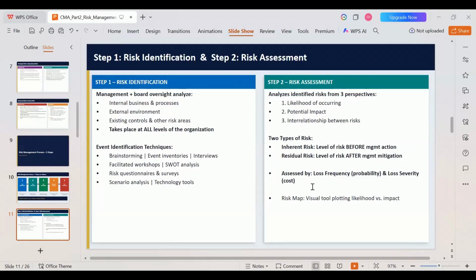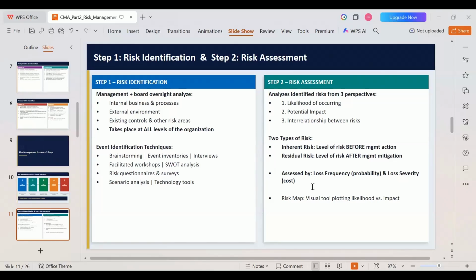Then comes loss severity. If a risk comes, what is the loss that I am supposed to suffer? If it is somewhere around $50, we will not worry about it so much. Severity is less. Suppose it is $500,000, severity is more. I have to face more loss. So such risks will be addressed first.